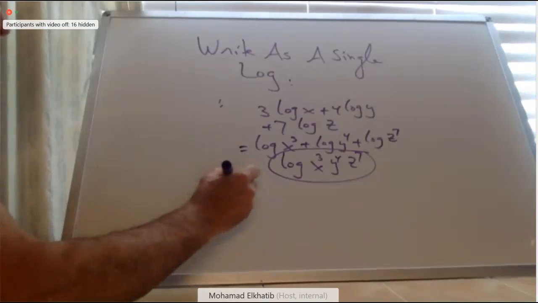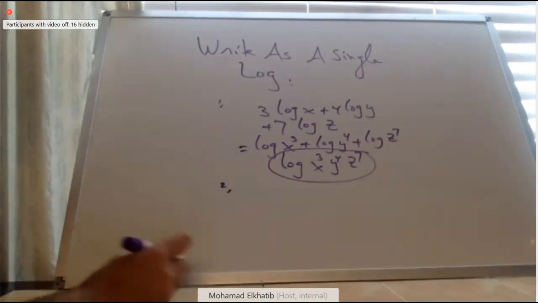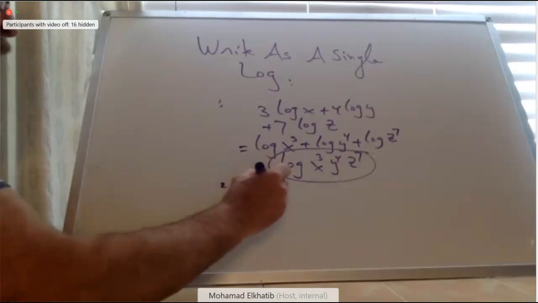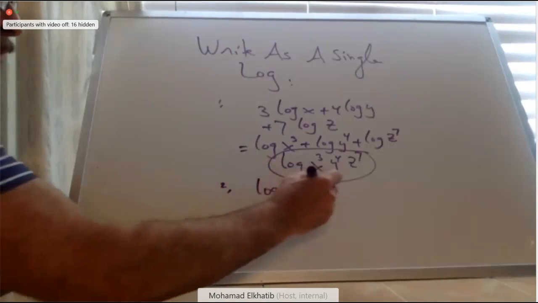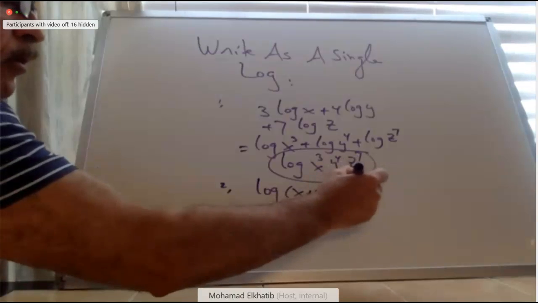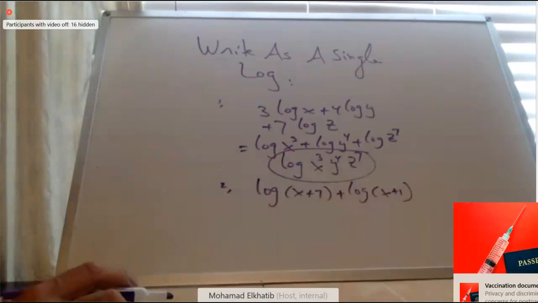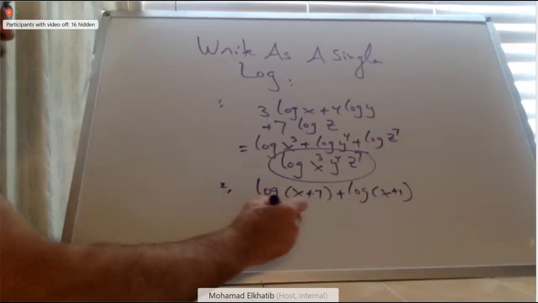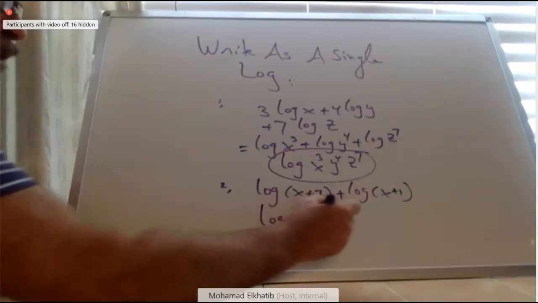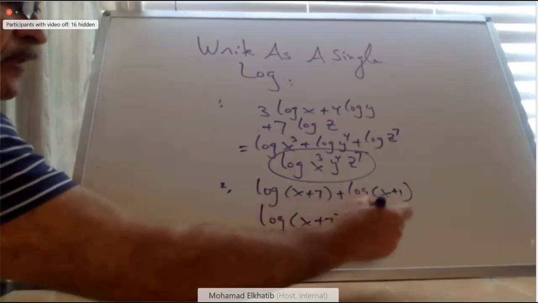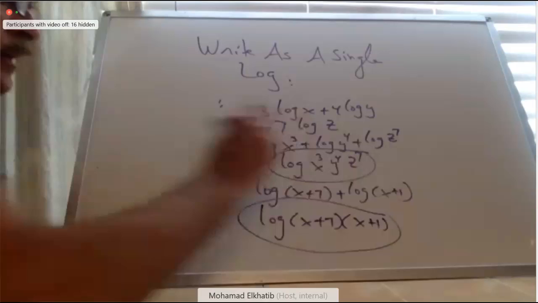But mostly what we're going to need next week is something like this: log of x plus 7 plus log of x plus 1. How do I make it log of 1 term? I just multiply them by each other. Don't expand it, just leave the answer like this.